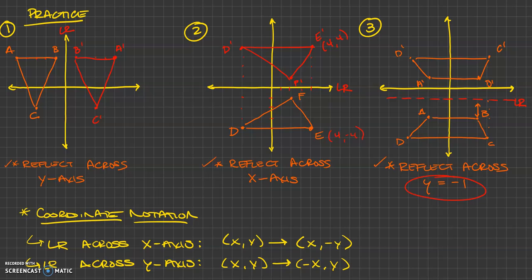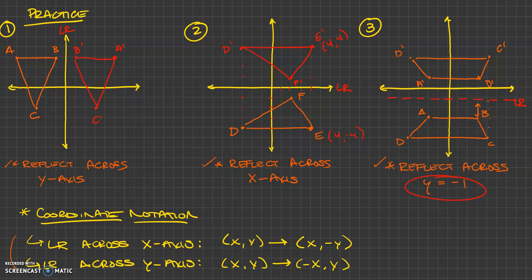Now you'll notice that the coordinate notation is not going to work here. In other words, these that we'll review in just a second that I just explained for problem 2 will not work if the line of reflection is not across the x or the y axis. So I can't just come over here to say B and start changing the y component. That doesn't work.